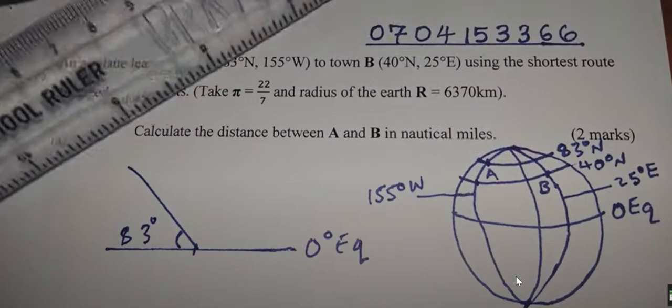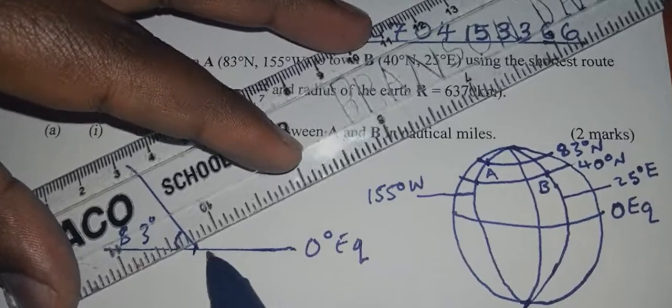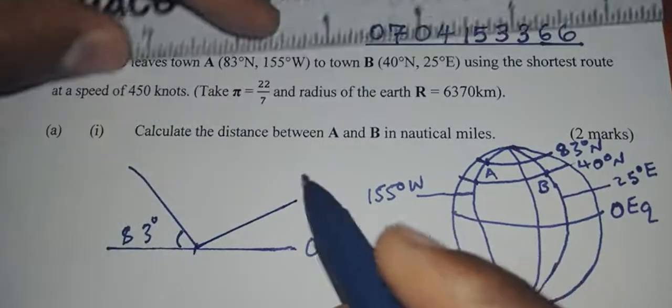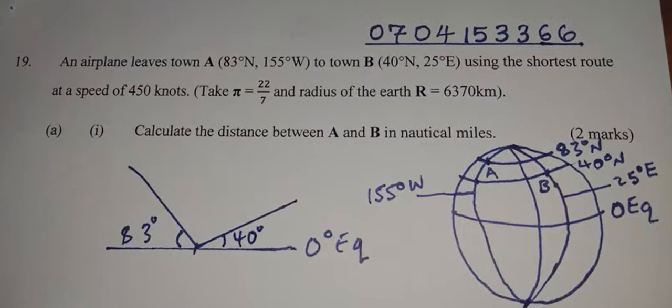But to locate the other place, which is B, we are only measuring 40 degrees still to the north.